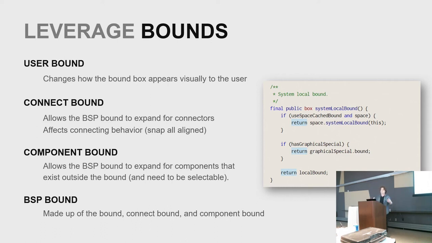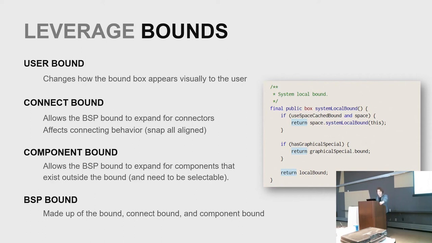So if you're trying to change your bound to make it look differently visually, use this bound, the user local bound, which I'll show you in a second. Use this one. Do not use your local bound method, because it should strictly be for clicking on the snapper and being able to interact with that snapper.